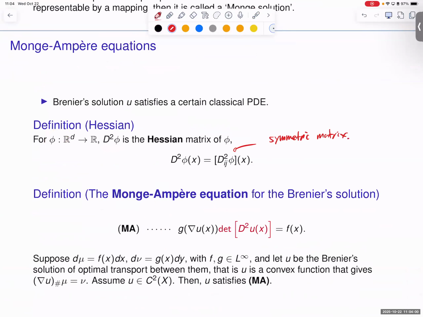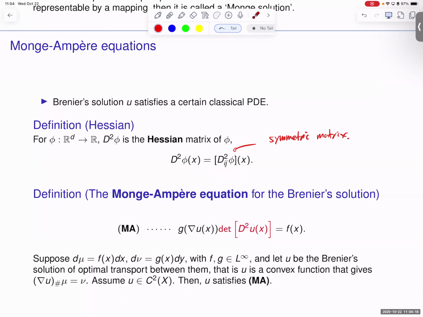Each ij entry is given by the ij second derivative of the function. You will see this Hessian matrix very often in the literature, of course in PDE, but in other contexts as well.